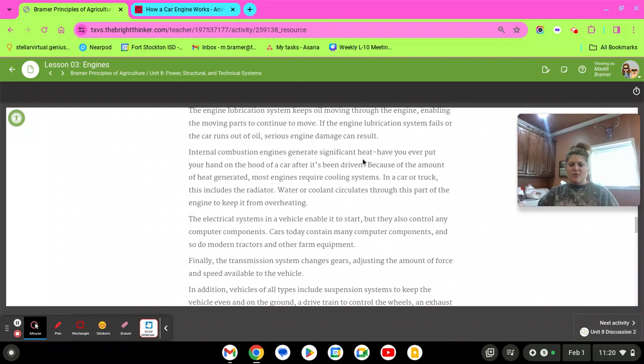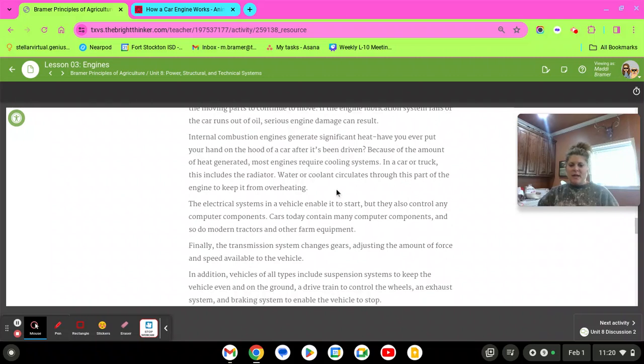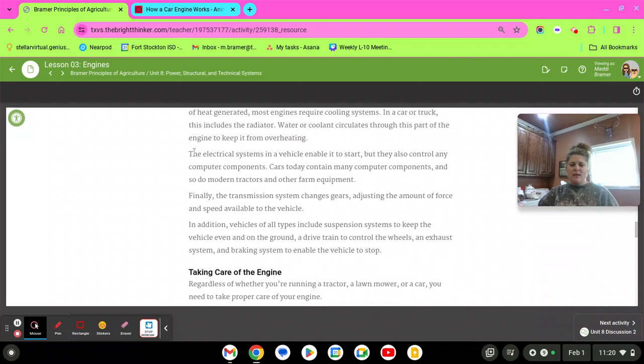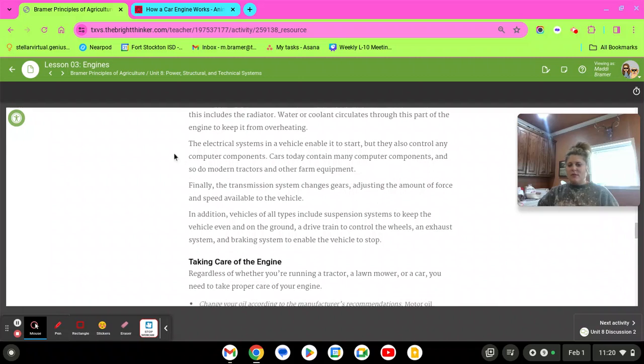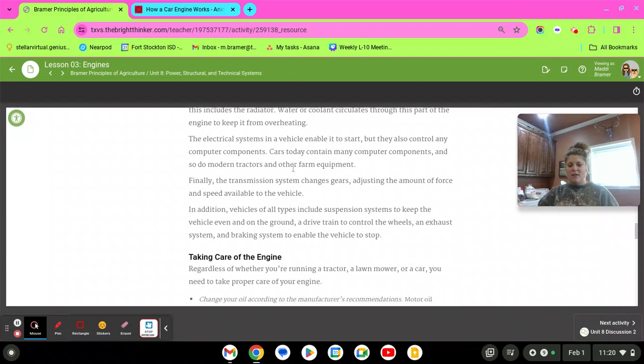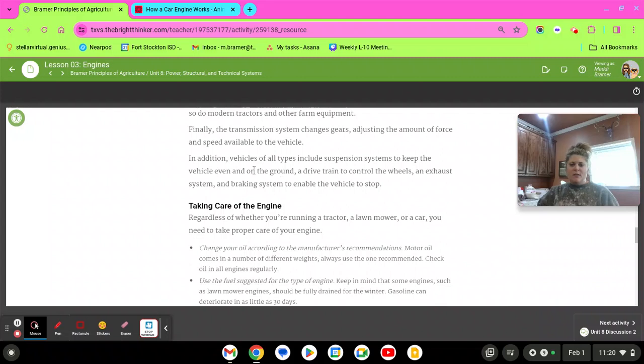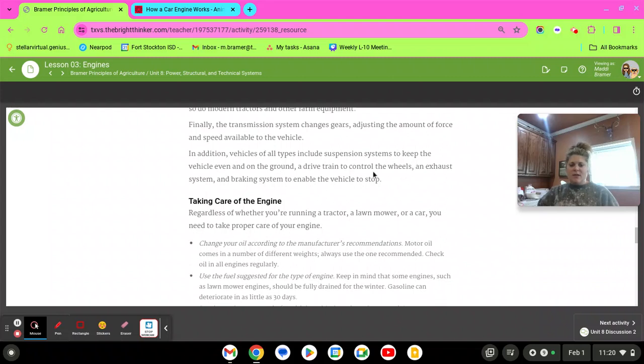Internal combustion engines generate significant heat. That's why you need to have a radiator and cooling. Keep that engine from overheating. Electrical systems in a vehicle enable it to start. They also control any computer components, which today we have a lot of. And then the transmission system changes gears, adjusting the amount of force and speed. In addition, vehicles of all types include suspension systems to keep the vehicle even and on the ground.